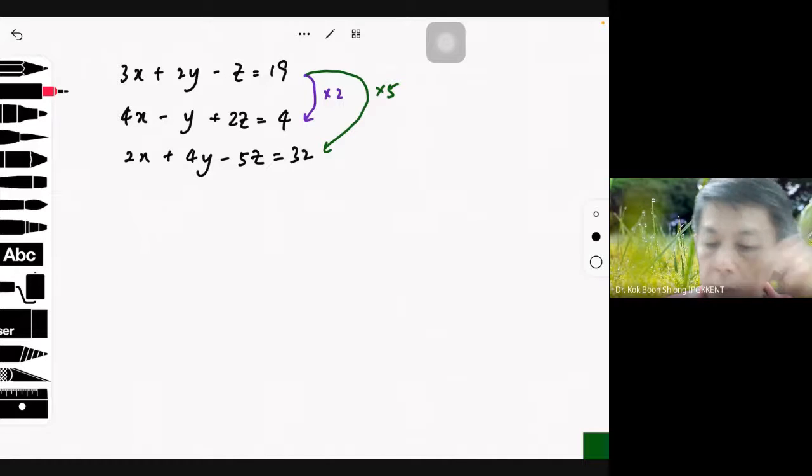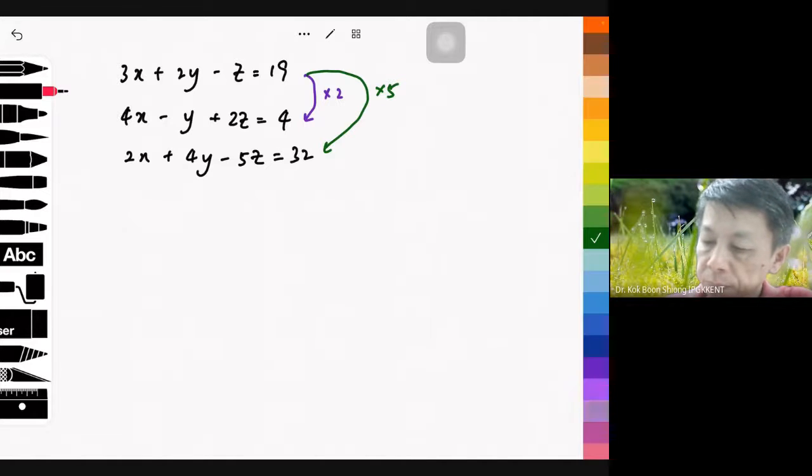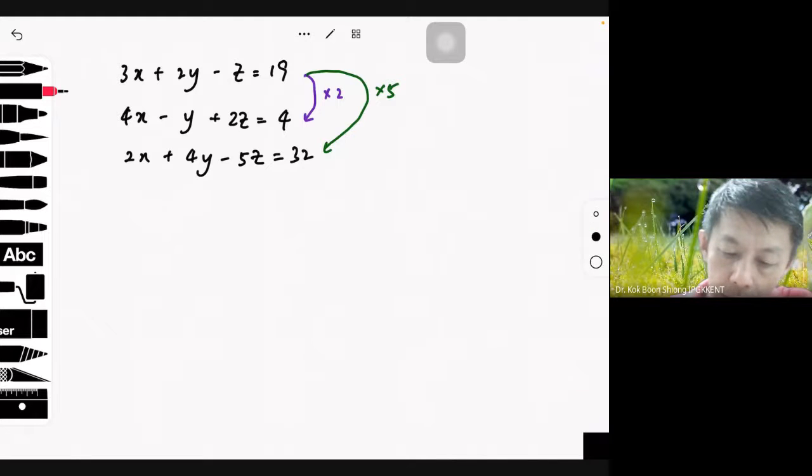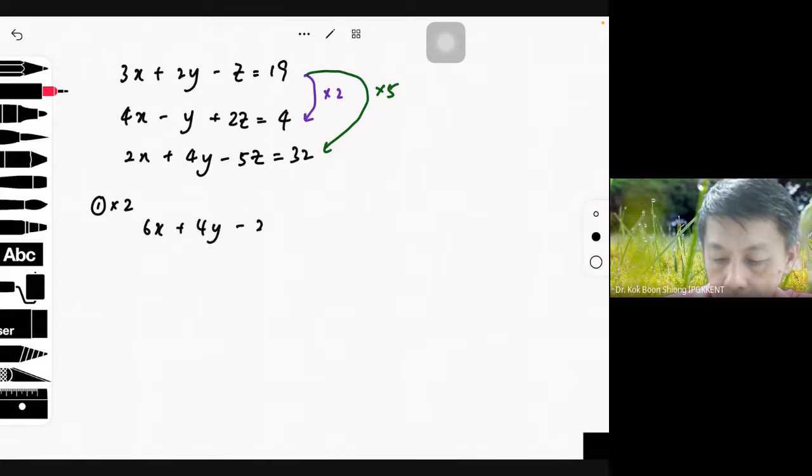Okay, so let's see. But you can try. Let's say the first equation times 2 becomes 6x plus 4y minus 2z equals 38.